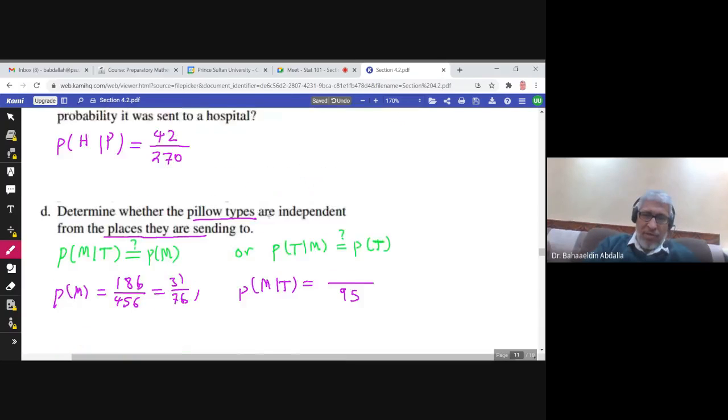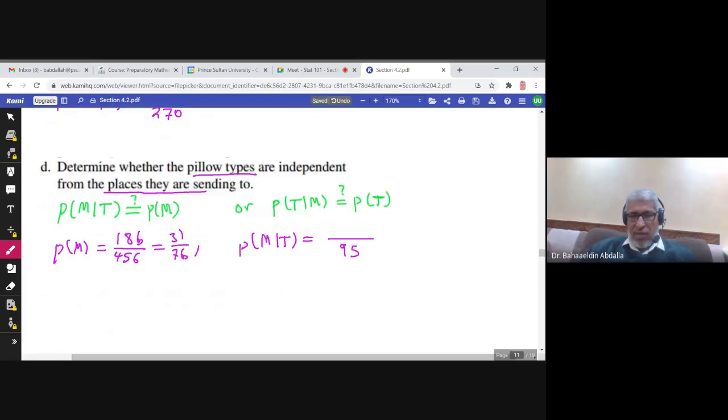So probability of M given T is 21 over 95. This is approximately 0.22, and 31 over 76 is approximately 0.41.